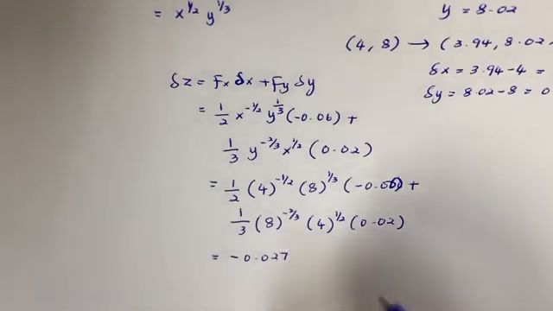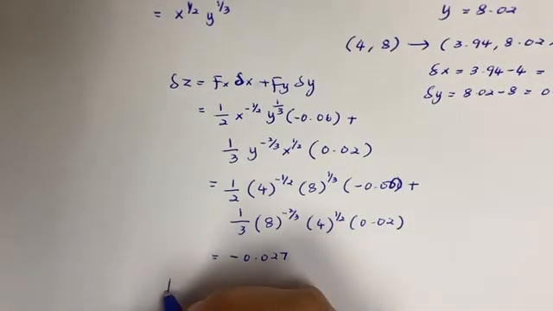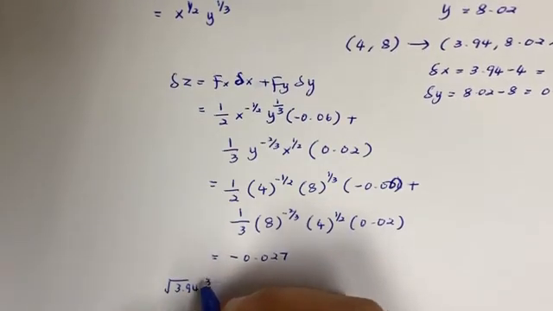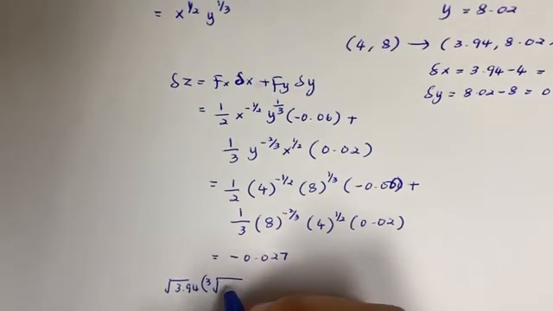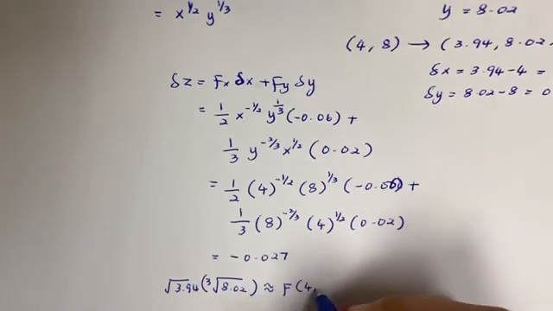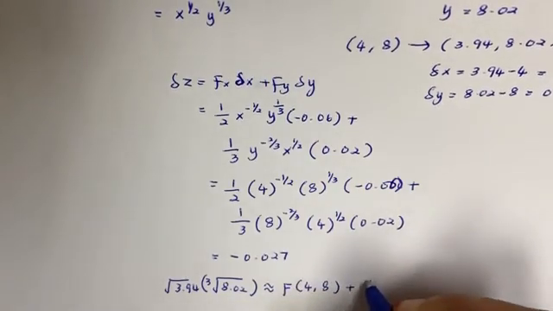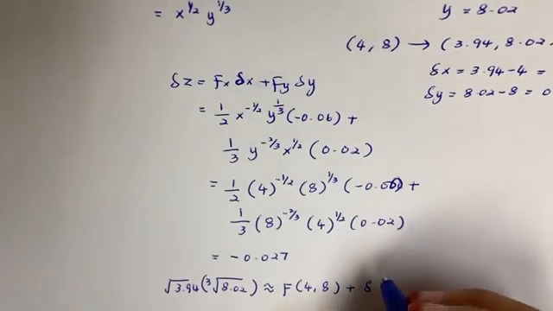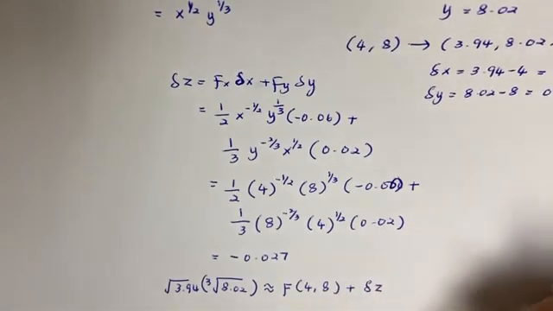To find the value for square root 3.94 multiplied by cube root of 8.02, this is approximately f(4, 8) plus delta z.